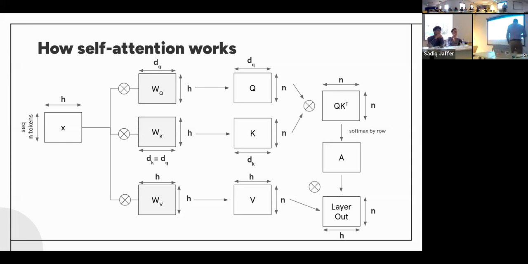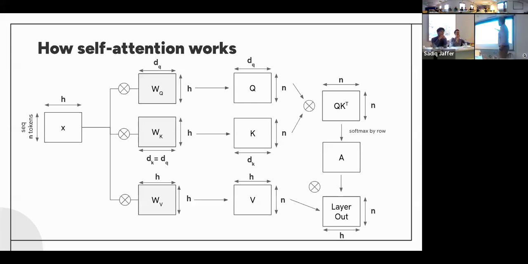Now, inside attention, there are 3 matrices, right? And these are learned. They are randomly initialized, within certain initialization schemes. It's quite tricky to get them to stay stable.